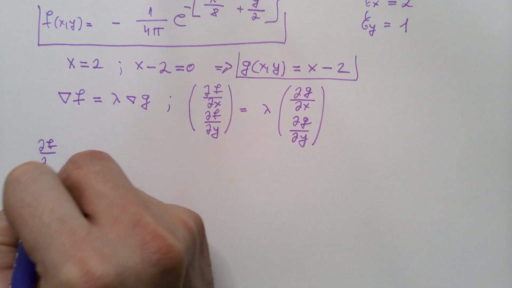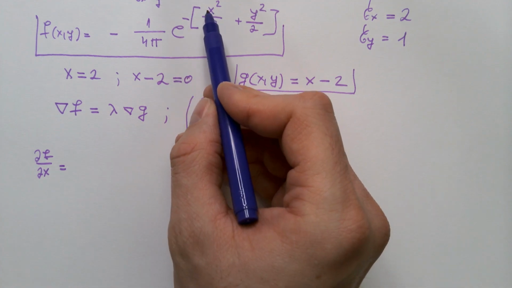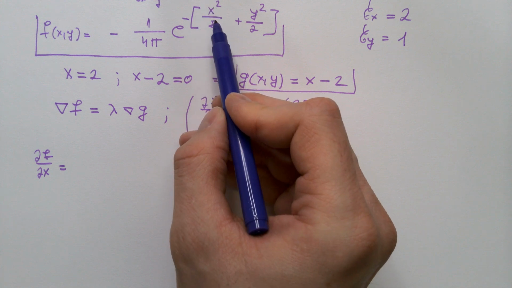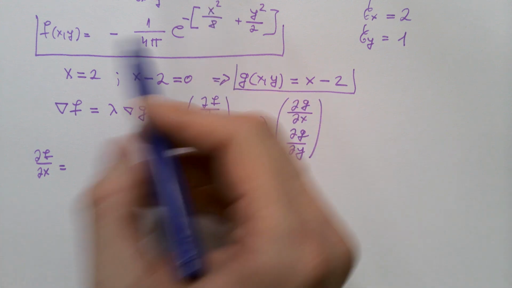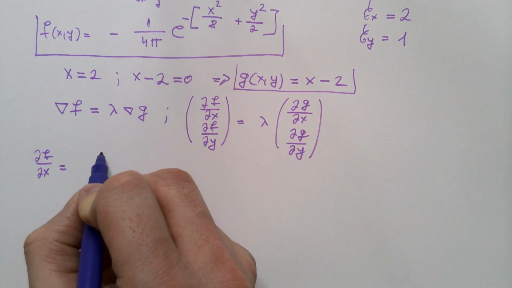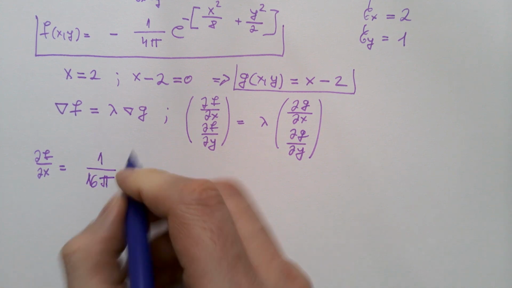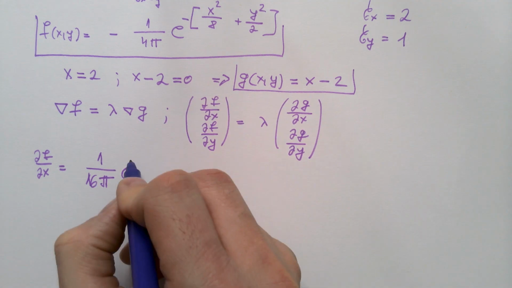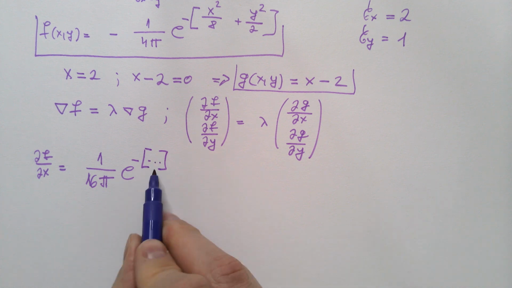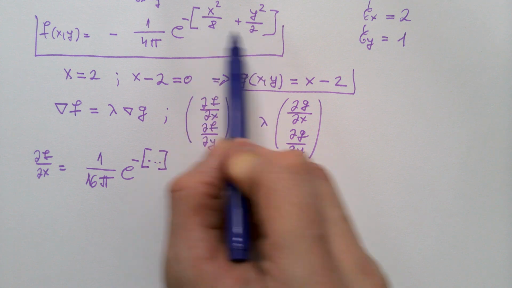Partial f partial x will be negative 2x divided by 8, but 4 times 8 is 32, and that 2 will give me 1 divided by 16 pi, and then this exponent, for shortness I will just put it like that, knowing that it needs to be whatever is in this bracket over here.